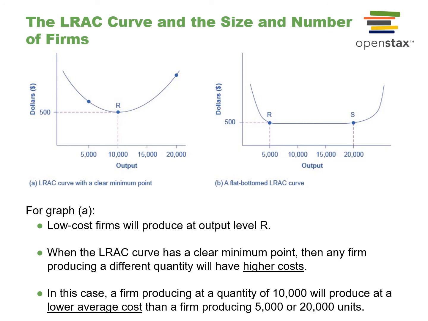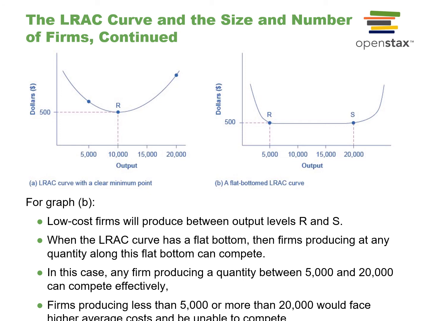On the other one, we have a flat curve, so basically anywhere from 5,000 to 20,000, the cost of production will be $500. Either one could exist. There are ways to calculate the minimum of that curve. Typically it involves calculus, but that's not something we're going to have to deal with in this course.